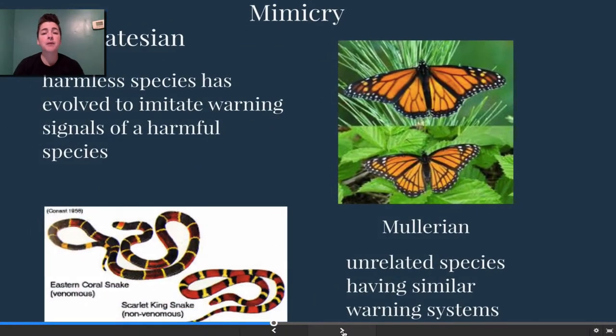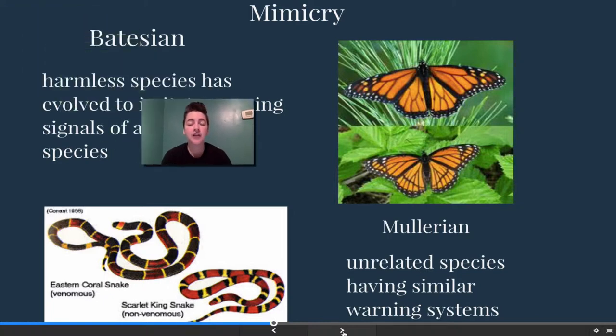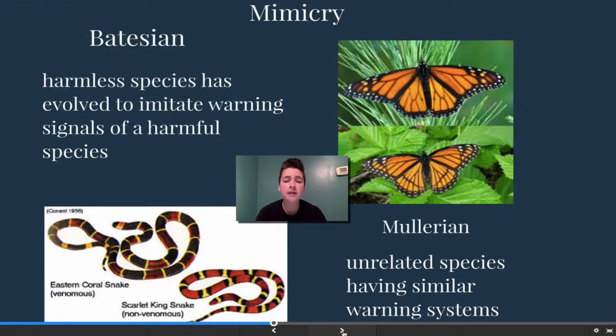And then we have mimicry. We have organisms that are imitating other organisms to help their chances of survival. We have two main types of mimicry. We have Batesian, where a harmless species imitates a harmful species. So in the coral snake and the king snake, the coral snake is venomous.